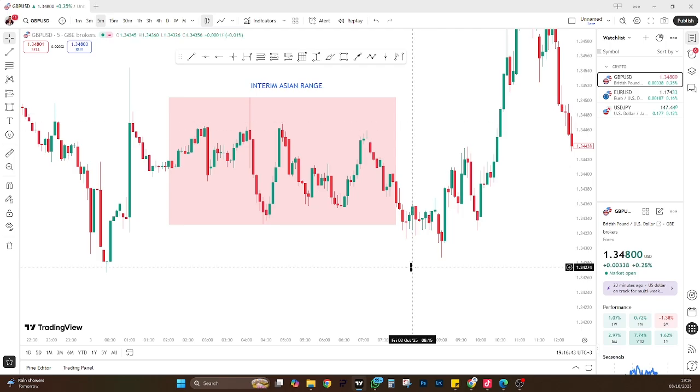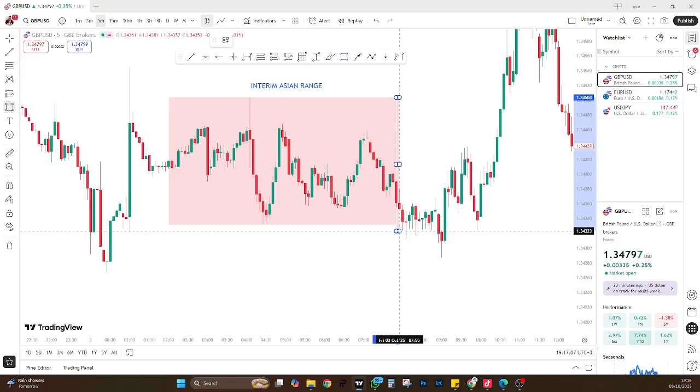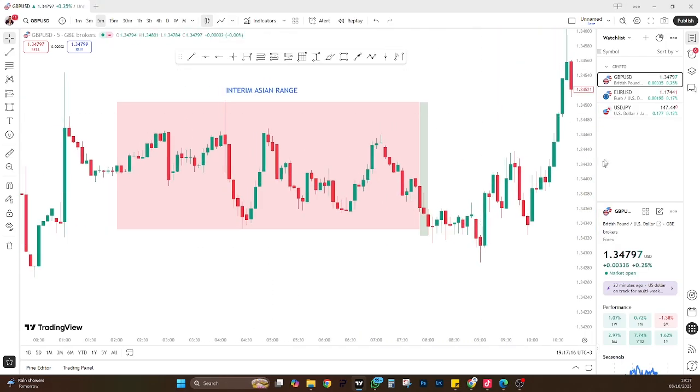What will happen is that between 7:50 and 8, one side of the Asian ridge will be taken out. Between 7:50 here and 8, you see where 8 is? This is 8. We are going to do back testing.